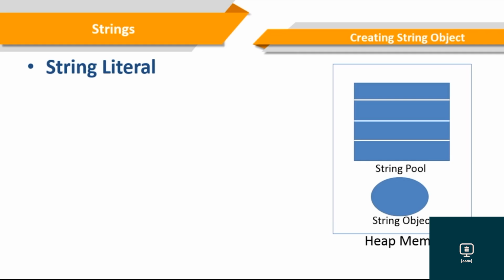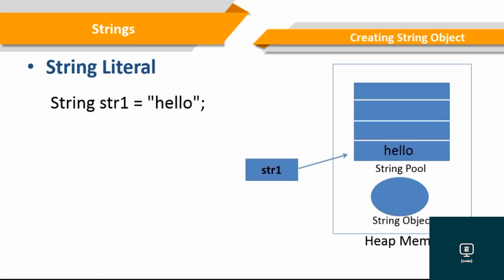Now let's try to understand how objects are created by using string literals and string objects by looking at our examples in this slide. The first line, String str1 = "hello". Here, the string object is created only in the string pool, as you see in the diagram, and str1 is the reference that refers to it.